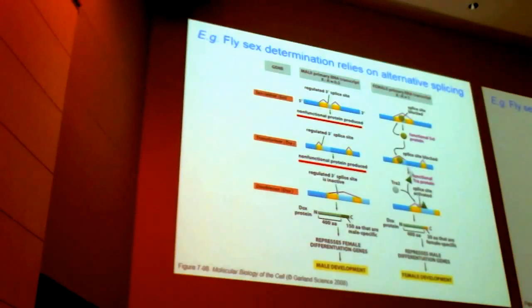And then that makes functional transformer protein, which binds with another one and changes what you make, such that in the end, now you're left with two different kinds of double-sex proteins in the female versus the male. Okay? So alternative splicing has a cascade of events that just leads to the production of two different proteins that regulate male development versus female development.